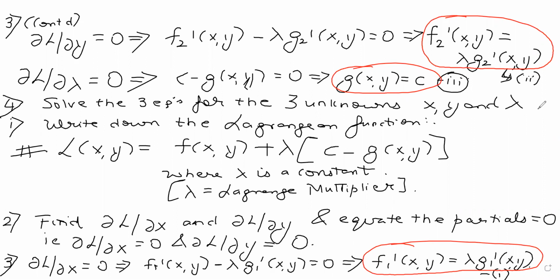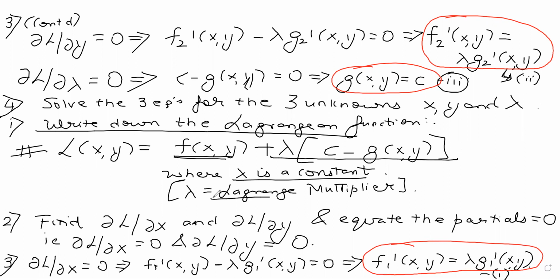So if I quickly revise the steps: the objective is to use the Lagrangian method to solve a simple two-variable constraint optimization problem subject to an equality constraint. Step number 1, you define the Lagrange function, which is f of xy plus lambda times c minus g of xy, where lambda is a constant, also called the Lagrange multiplier. Step number 2, you find del L by del x and del L by del y and equate them to 0.